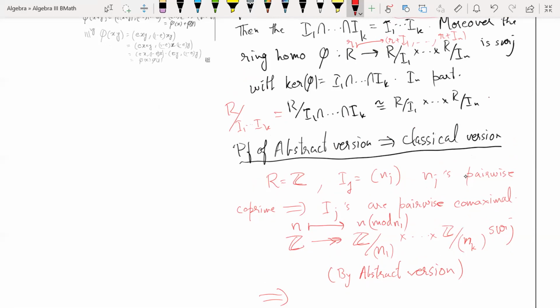We had a better notation for this: the map is the class of n in Z mod n1, and so on for each ni.